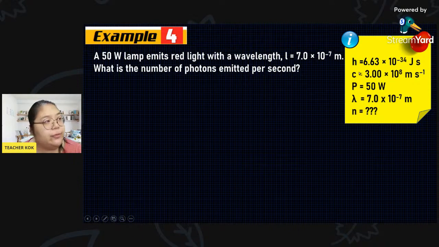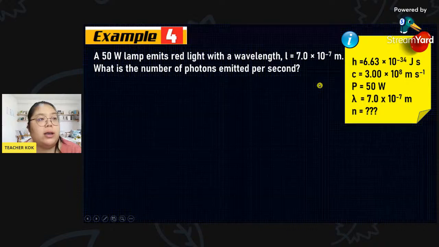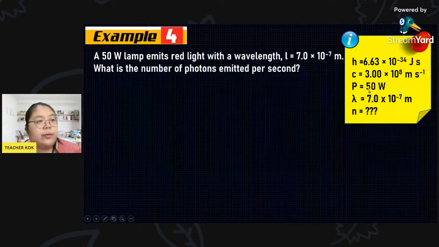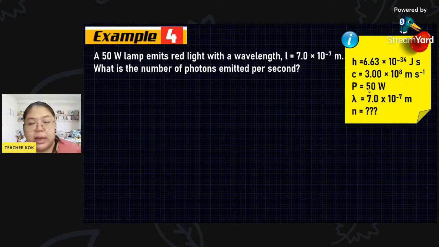We get the info. First info there should be Planck's constant, 6.63 times 10 to the power of negative 34. Then the next one should be the speed of light. Every student knows the light needs 3 times 10 to the power of 8. Then the power is also 50 watts. So students, please be ready to press your calculator. Then lambda is 7 times 10 to the power of negative 7.